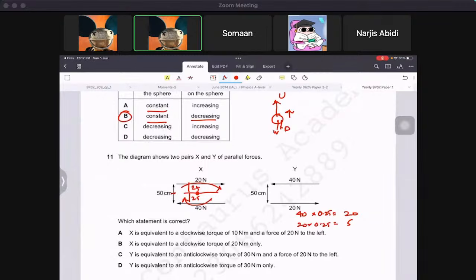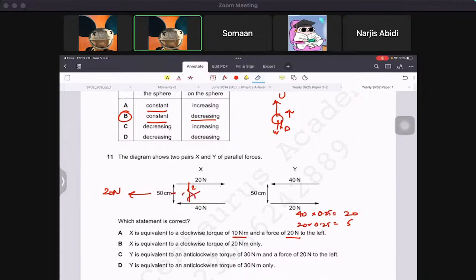X is equivalent to a clockwise torque of this, and a force of 20 newtons to the left. The resultant force is definitely 20 newtons here, but how is it equivalent to that?